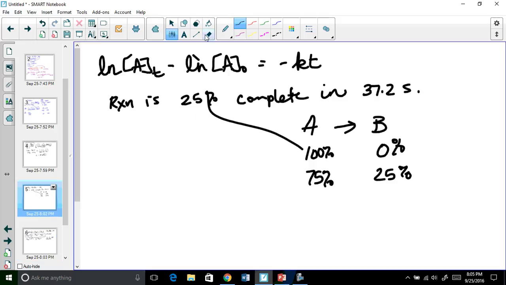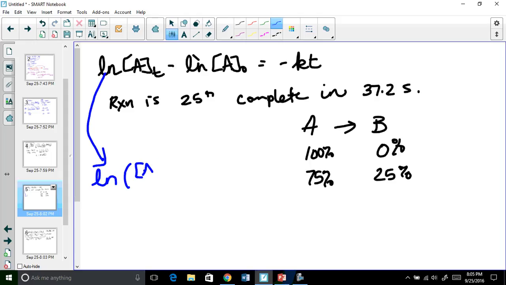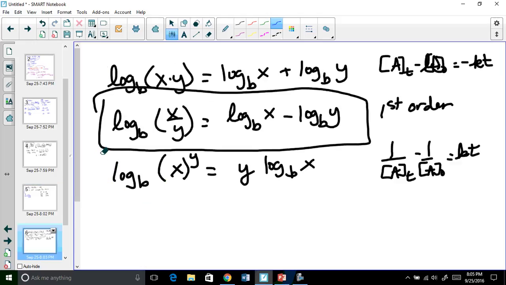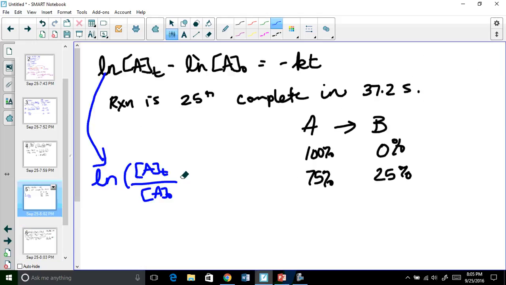And so what happens on this problem, when I erase this, is only for first order. I cannot say that enough. Only for first order. You can rewrite this as the natural log of the concentration of A sub t divided by A sub 0, using this property of logarithms, equals negative kt.